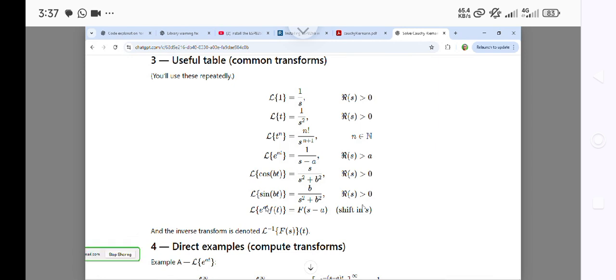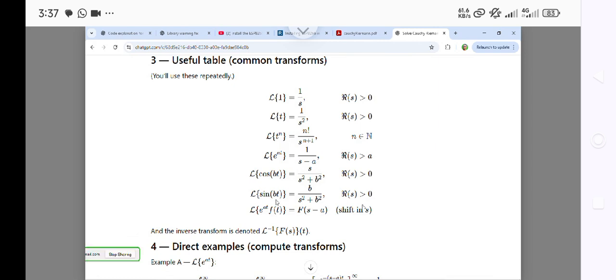So now this will be f of s minus a. We call this the shifting theorem. So whenever exponential at multiplies any standard Laplace transform, the s is shifted by a. Instead of having s, you have s minus a.